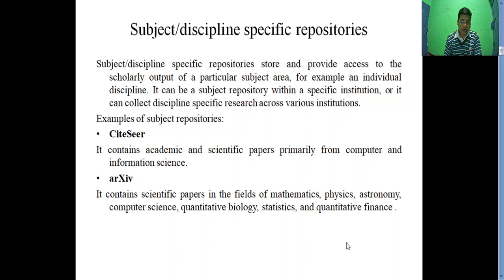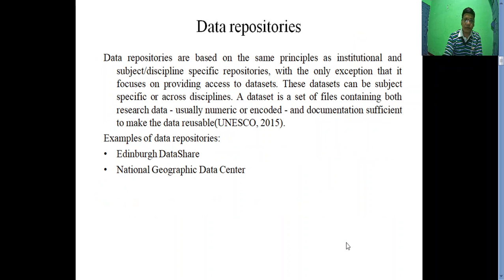Examples of subject repositories: CiteSeer, which contains academic and scientific papers primarily from computer and information science. arXiv, which contains scientific papers in the fields of mathematics, physics, astronomy, computer science, quantitative biology, statistics, and quantitative finance.